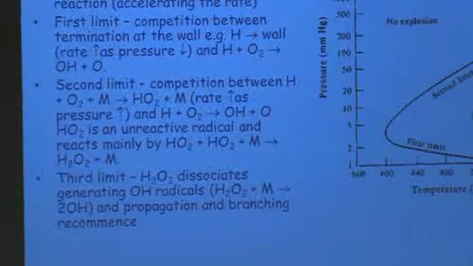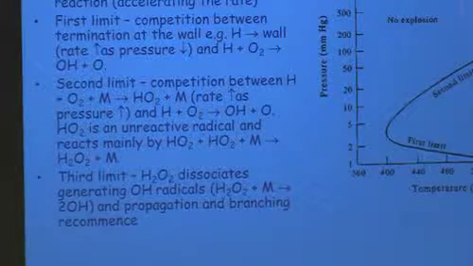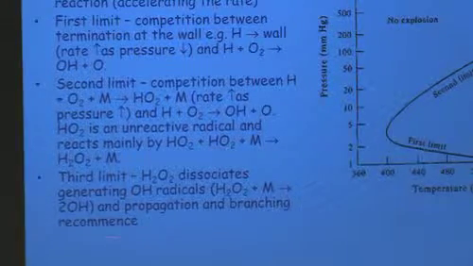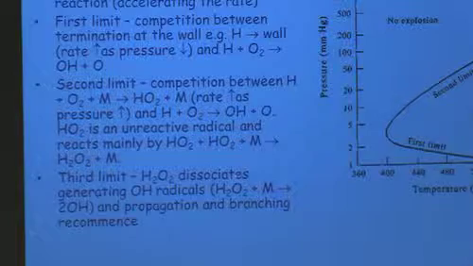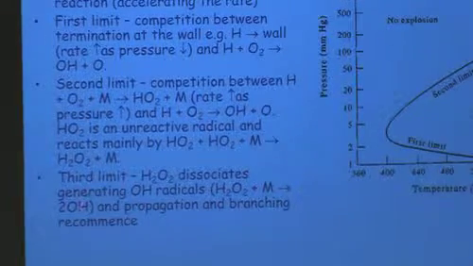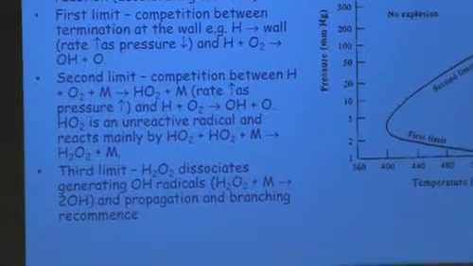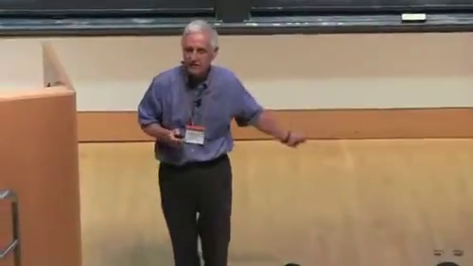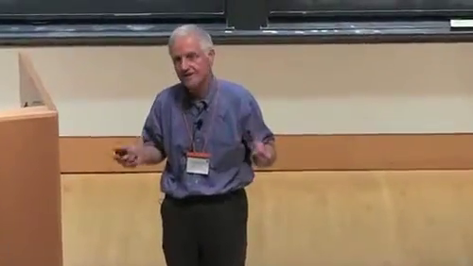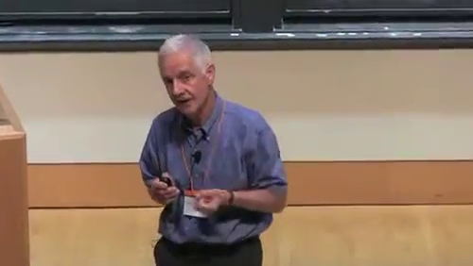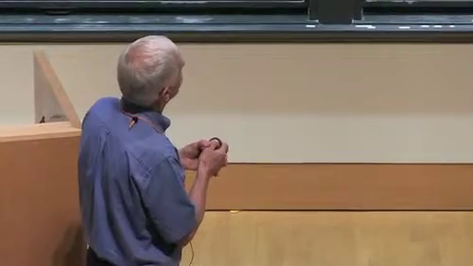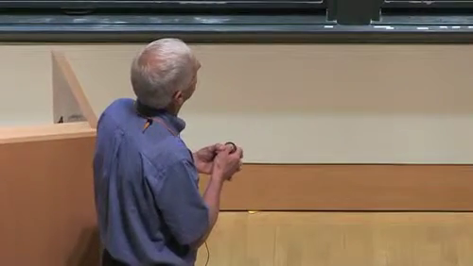So this third limit occurs because we now get a new branching step where hydrogen peroxide dissociates to form OH. So HO2 is no longer a fully terminating species because it generates H2O2. The H2O2 dissociates and forms two hydroxyl radicals, a branching step, and we move into this third limit region.